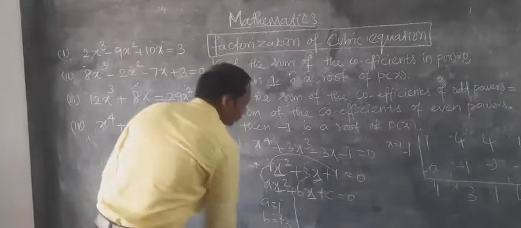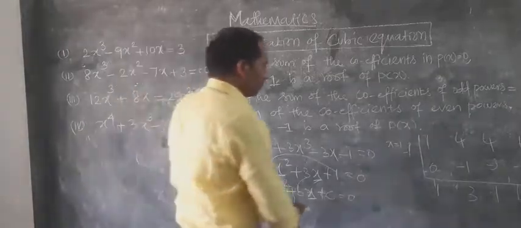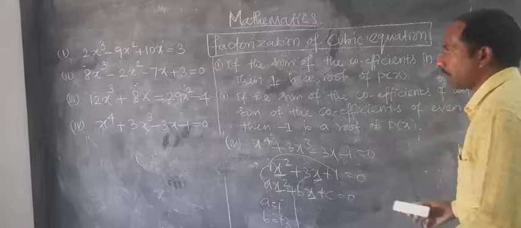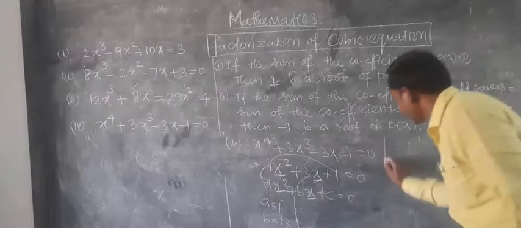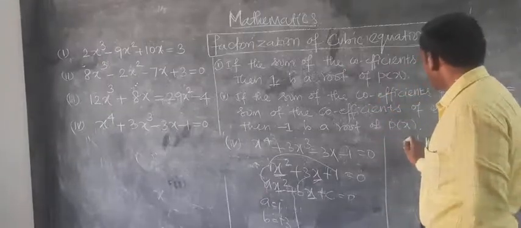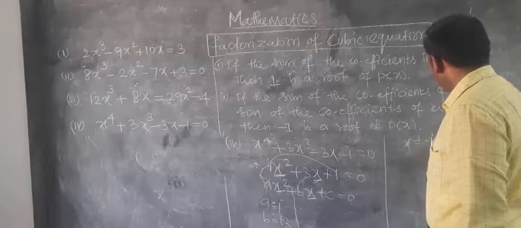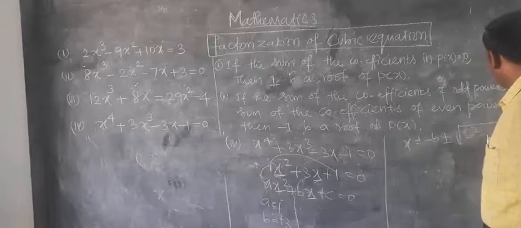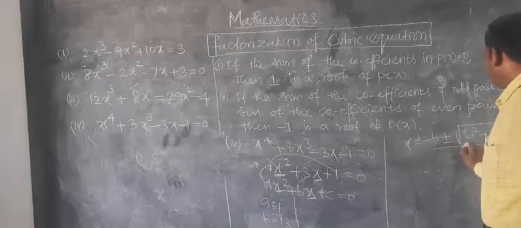So what is our formula? For the quadratic equation, when you find the root or factor, this is the basic formula: x equal to minus b plus or minus root of b square minus 4ac divided by 2a.